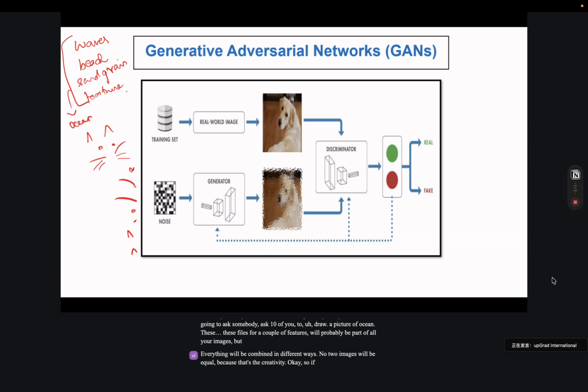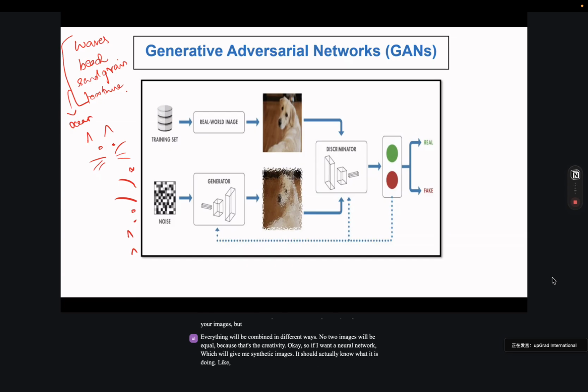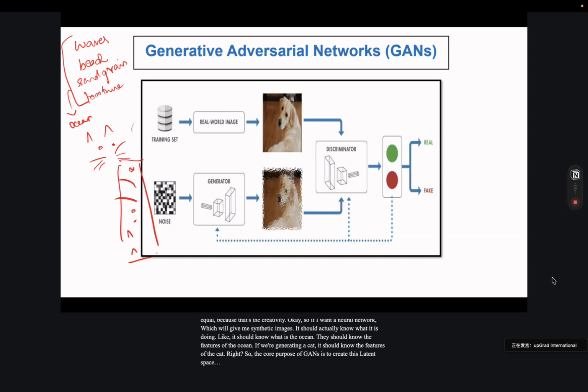So if I want a neural network which will give me synthetic images, it should actually know what it is doing. It should know what an ocean is. It should know the features of the ocean. If it's generating a cat, it should know the features of the cat. So the core purpose of GANs is to create this latent space with a set of features.